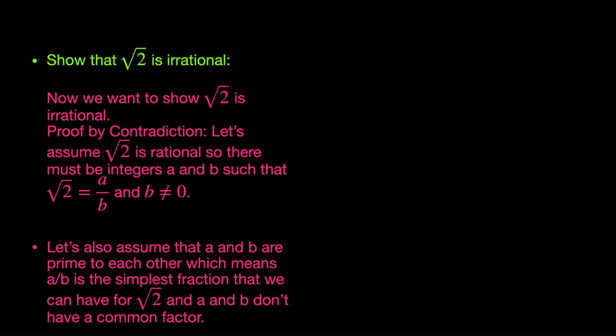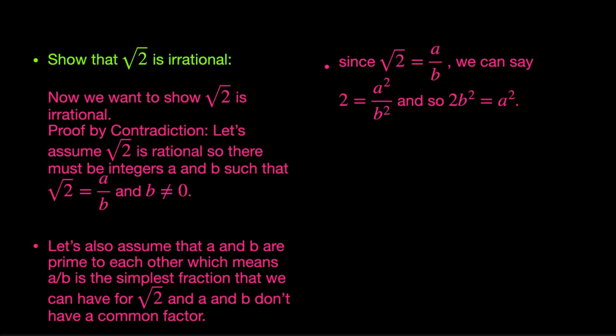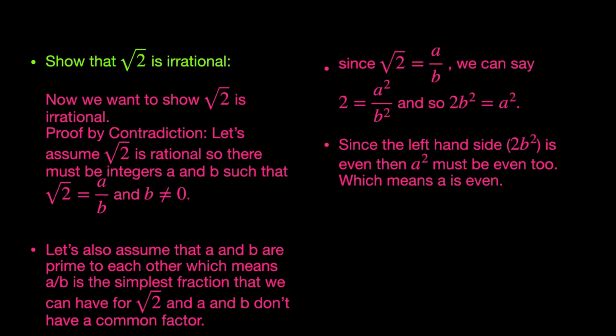So now that we know the square root of 2 is equal to a over b, we can say 2 is equal to a squared over b squared, which means that 2 times b squared is equal to a squared. Note that the left-hand side is even and it is equal to a squared, so we can say a squared must be even as well. If a squared is even, then it means a must be even.